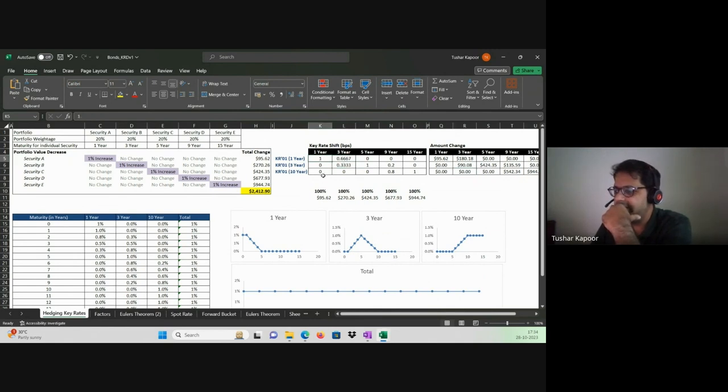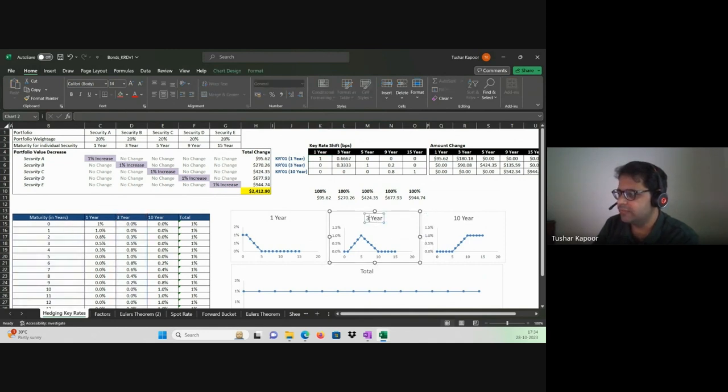So all you see here is that the KR01, which is the key rate 01, looks like this. But when it comes to the 3 year range, the impact is going to be, sorry, in the 3 year range I have not constructed. I think this is 5 year. This is a 5 year curve.